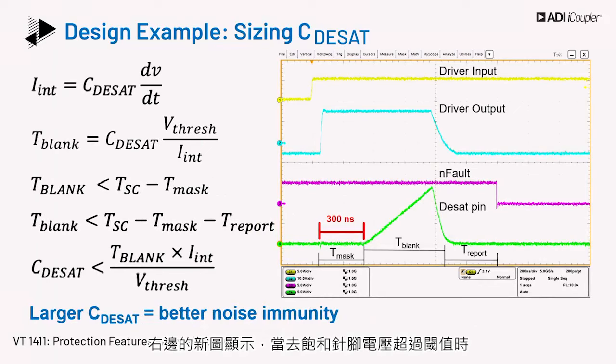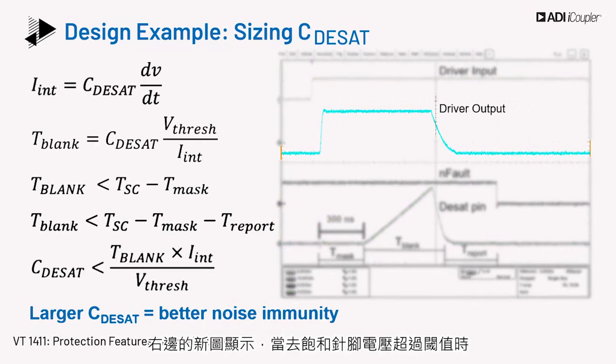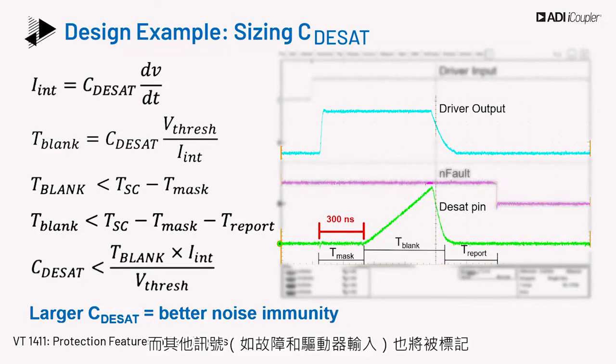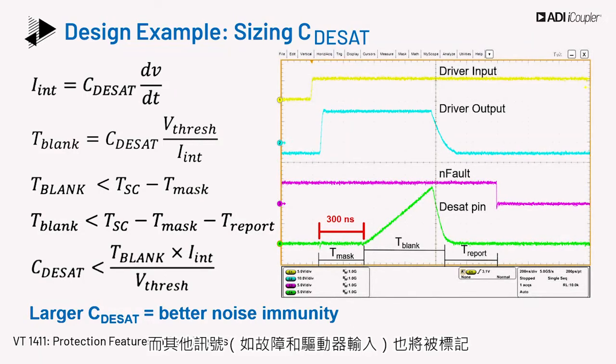The new figure on the right shows the gate driver output being pulled low as the driver enters a soft shutdown mechanism when the DSAT pin voltage exceeds the threshold. Other signals, such as the fault and the driver input, are also labeled.